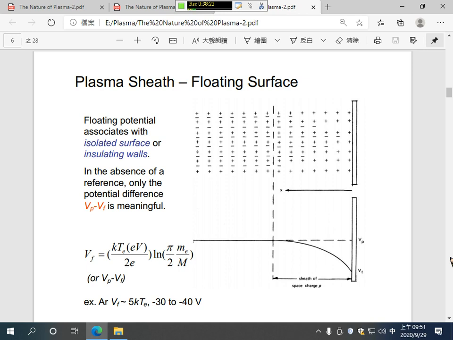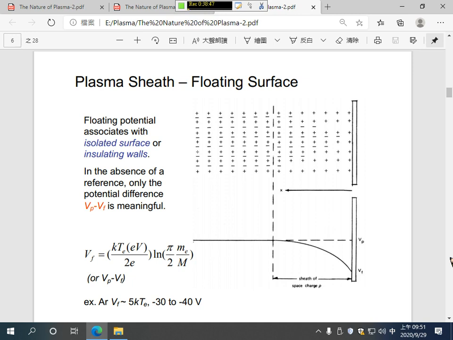And this potential difference is named floating potential. And sometimes we use Vp minus Vf as the floating potential. And sometimes people just use Vf to represent floating potential, okay?